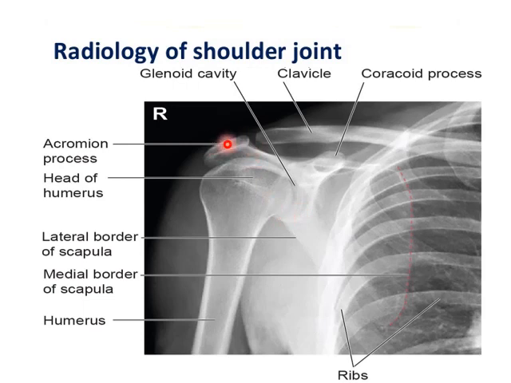There's the acromion process, the coracoid process. This is the clavicle. Okay, this is the medial border of the scapula, the lateral border of the scapula. Okay, and these are all the ribs. So this is how the skygram depicts the shoulder joint.